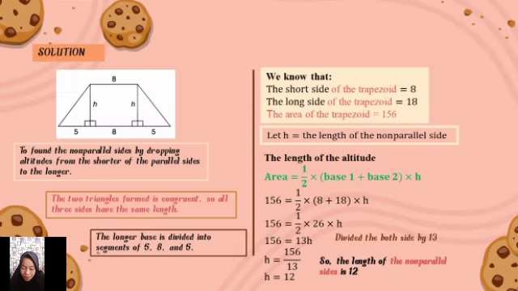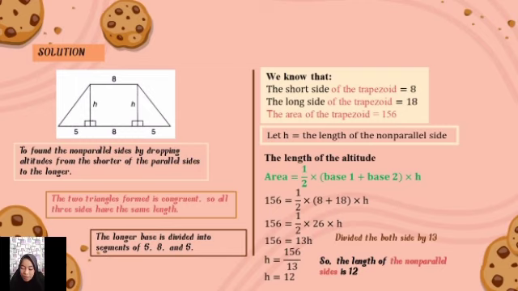Pay attention to the picture. To find the non-parallel sides, drop altitudes from the shorter of the parallel sides to the longer. The two triangles formed are congruent, so the non-parallel sides have the same length. The longer base is divided into segments of 5, 8, and 5.